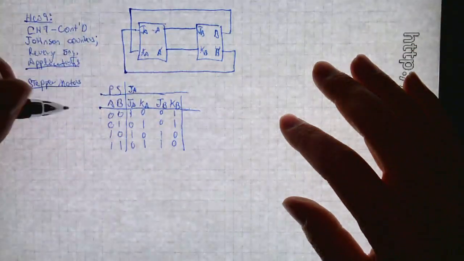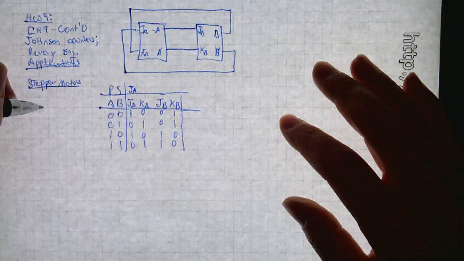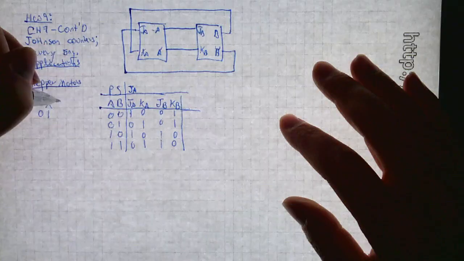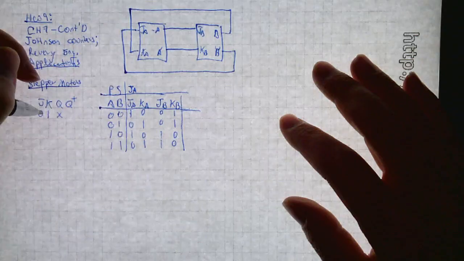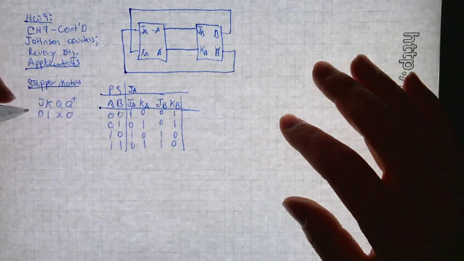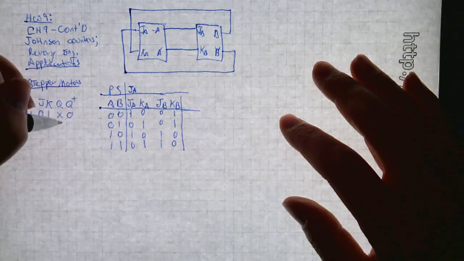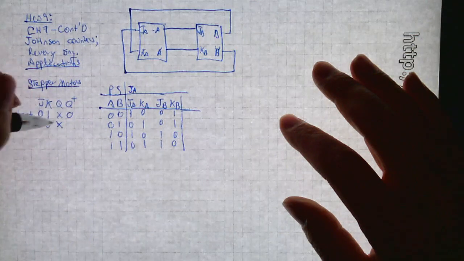Now, let's take a look at how JK flip-flops work. If you've got 0, 1 on the inputs, we don't care what the present state is because the next state is going to be a 0, because that's asserted a reset. If you've got 1, 0, we don't care what the present state is because the next state's going to be a 1, because that's a set.